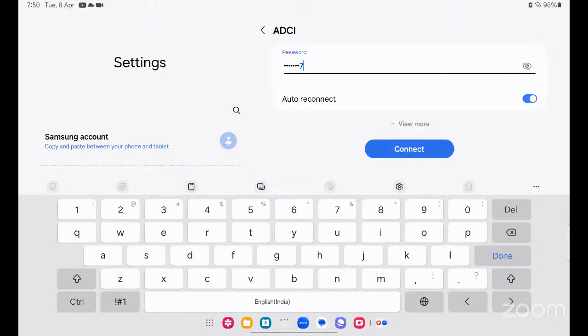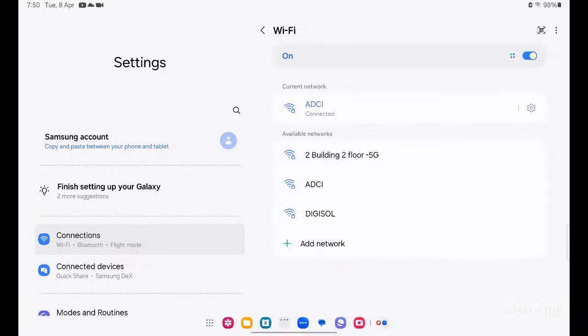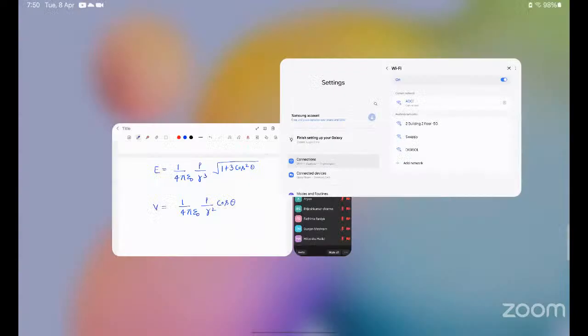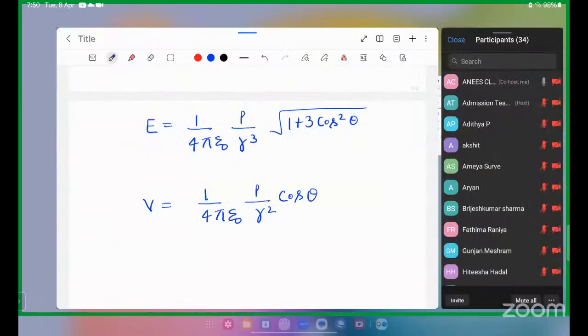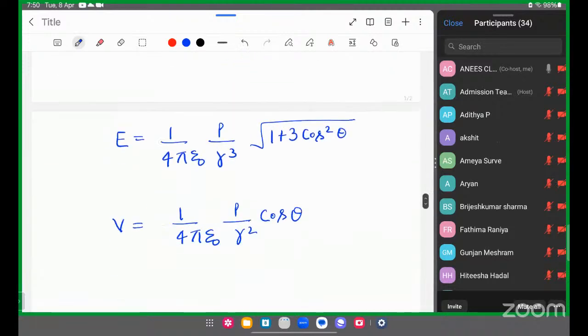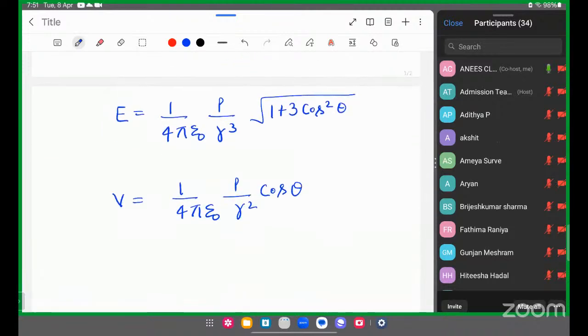The formula will work for any case. For any point in space, if you want the electric field and potential, we can apply the formula, provided we know the value of theta.